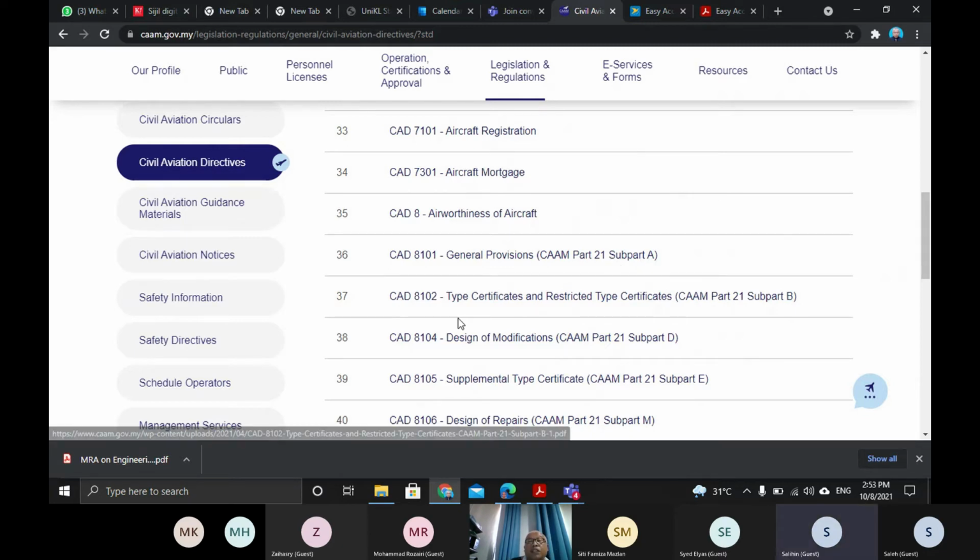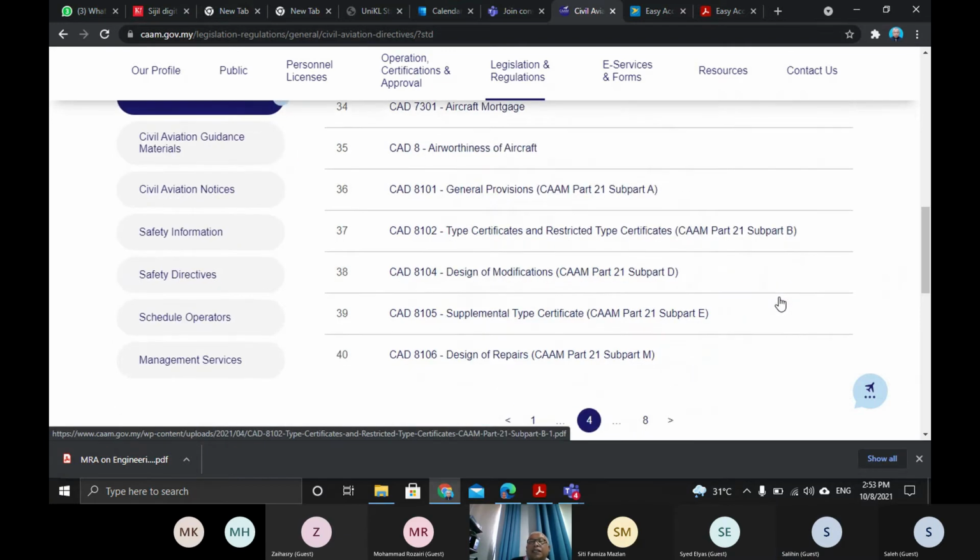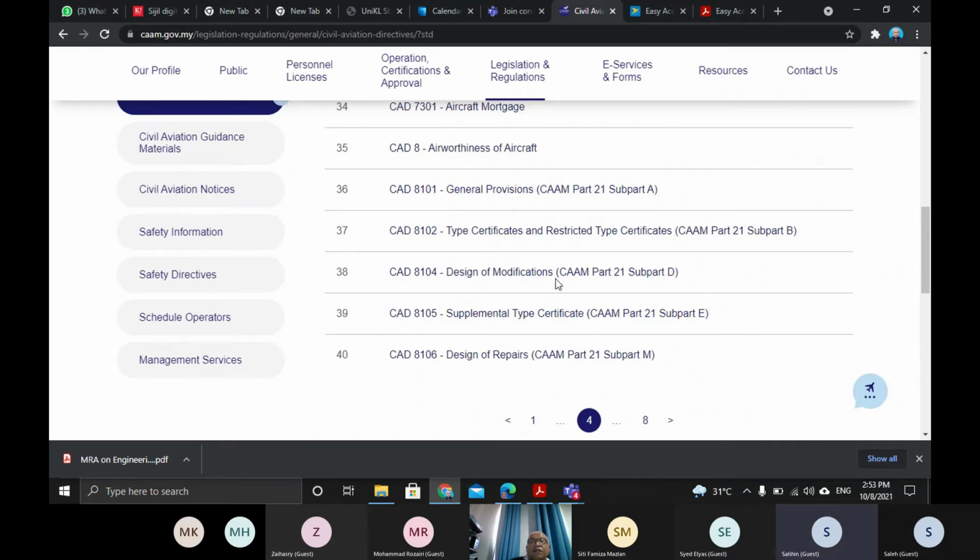General provision. 8102, same as Part 21 Subpart B. 8104, same as Part 21 Subpart D. Same as Part 21 Subpart E. CAT 8106, Part 21 Subpart M.